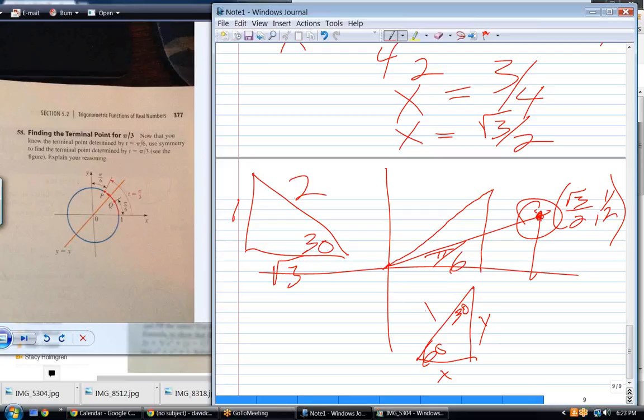But this triangle has a hypotenuse of 1, so everything is half. So if I made that 1, this would be 1/2, and this would be square root of 3 over 2. That's 60, so opposite the 60 is square root of 3 over 2. Opposite the 30 is 1/2.